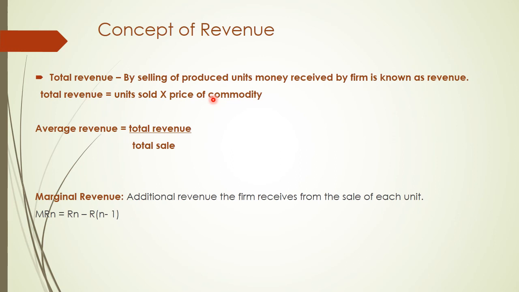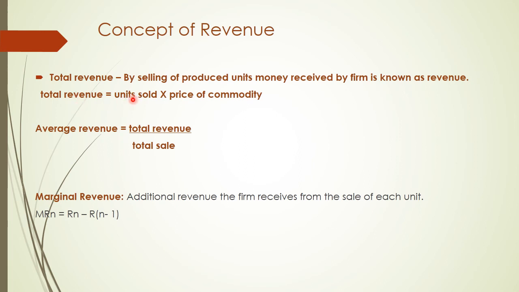Now let us try to understand it with the help of an example. Total revenue is the units he has sold multiplied by the price of the commodity. Suppose a firm is producing pens and the per unit market price of a pen is 50 rupees, and total sales of the firm is 100 units of pen. Then what will be the total revenue?